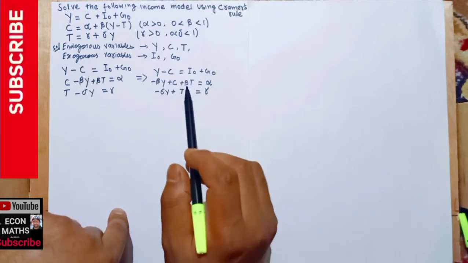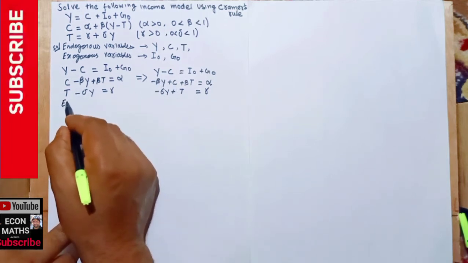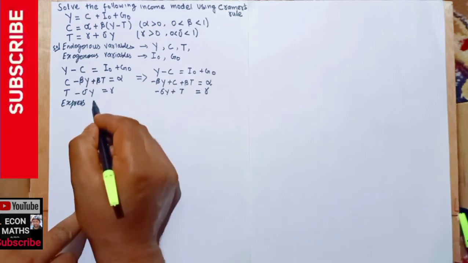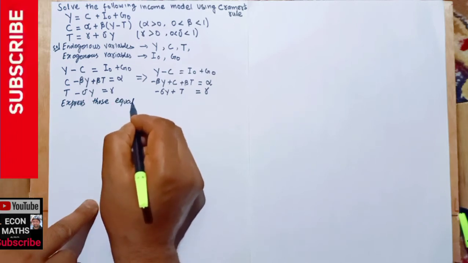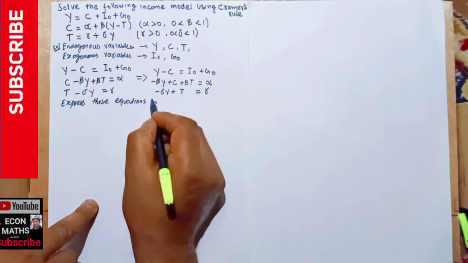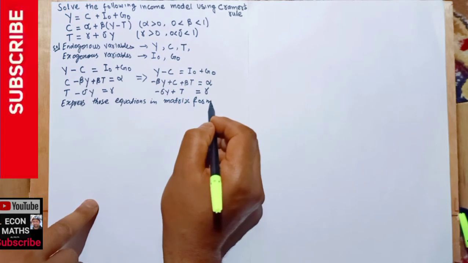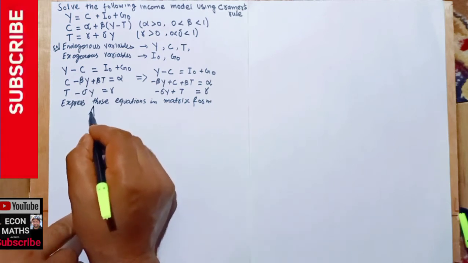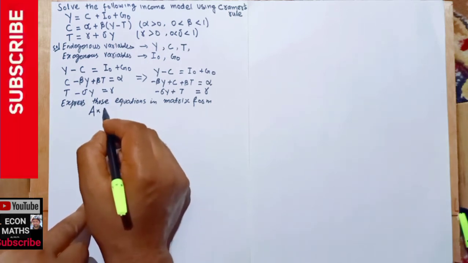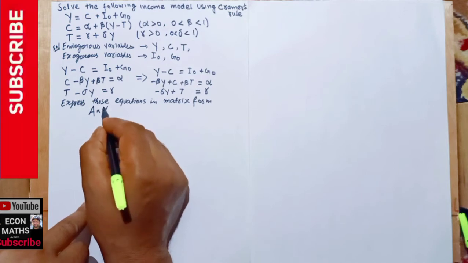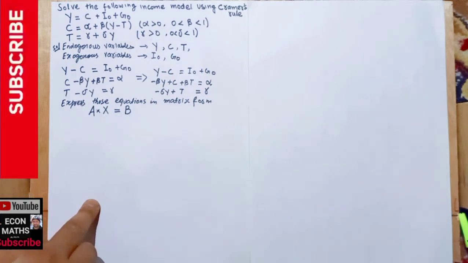Now as we know in Cramer's rule, first we have to transform this system of equations into matrix form. The rule is, we write the coefficient matrix, multiply this with the solution vector, that is, Ax is equal to b, where b is the vector of constant terms.